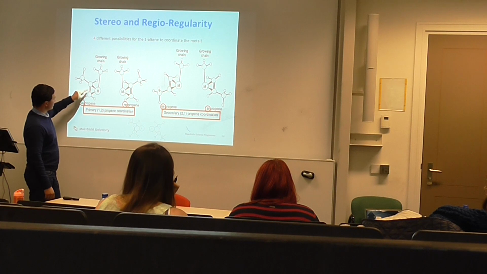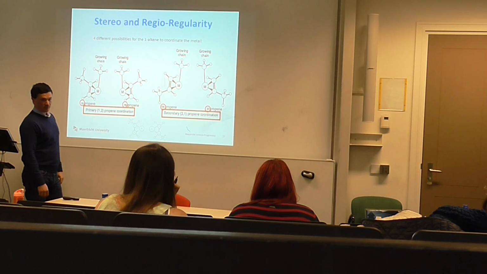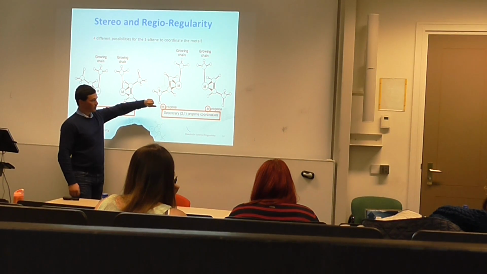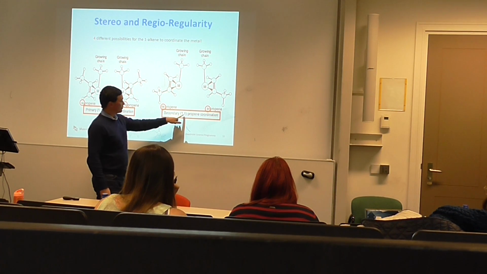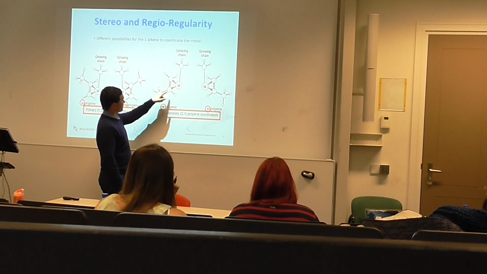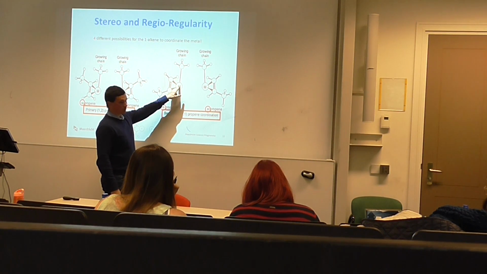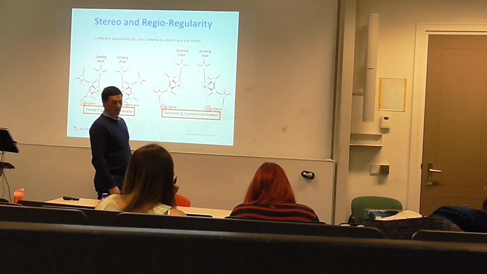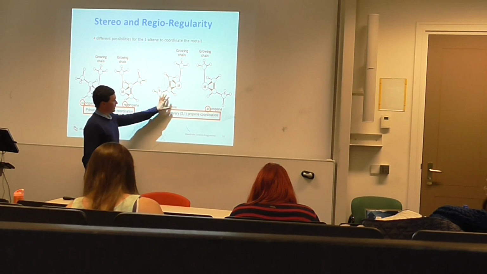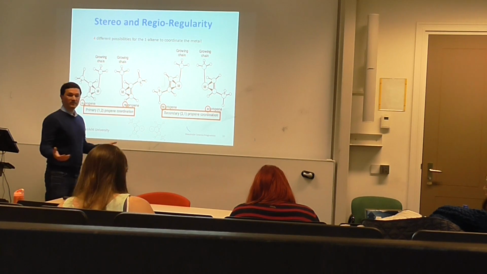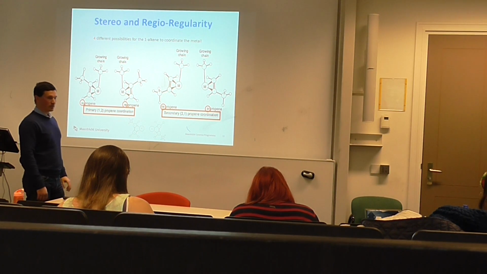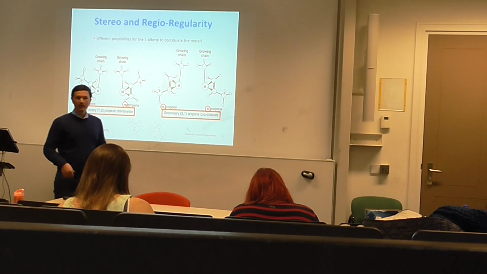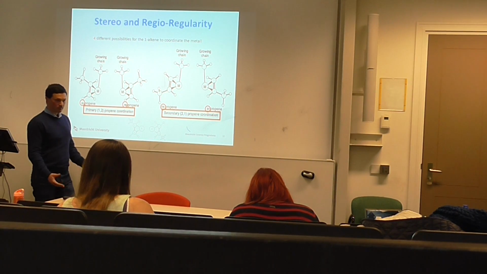So it would be a 1-2 insertion. If it's the other way around, with the metal pointing down, it would be a 2-1 insertion, which means carbon number 2 will bond to the metal, and carbon number 1 will bond to the growing chain. This is a different kind of insertion, and in this case, the secondary 2-1 insertion would be a regio error.